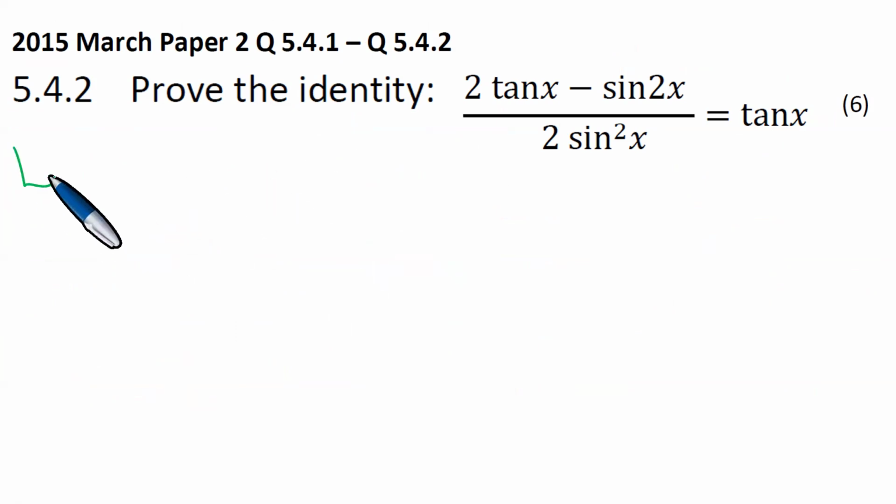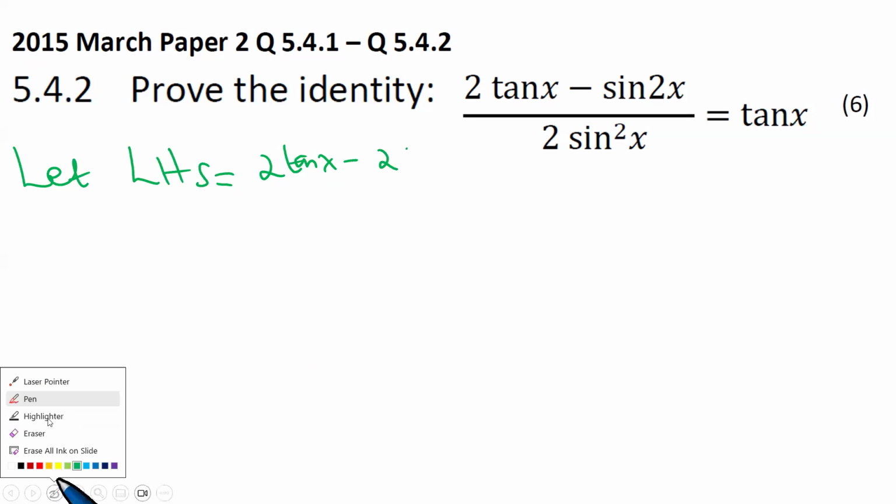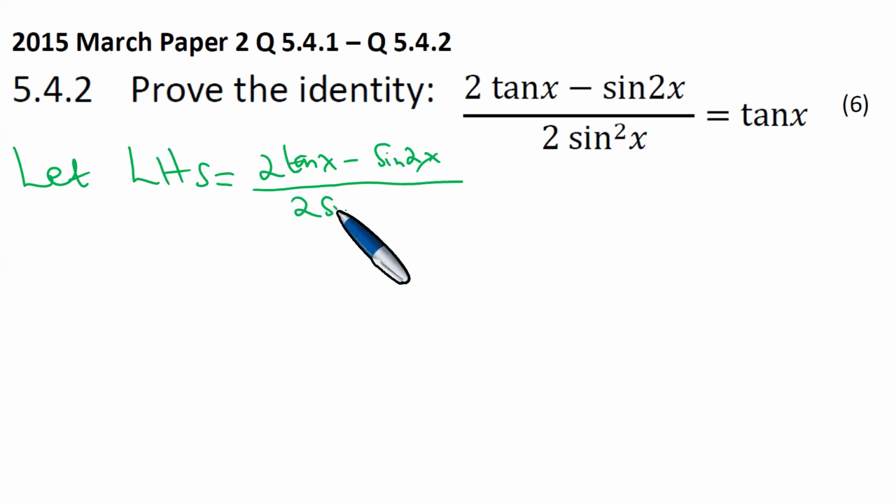So you let the left-hand side be (2 tan x minus sin 2x) divided by 2 sin squared x.